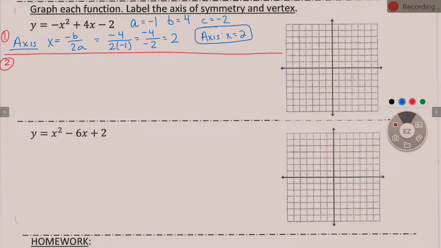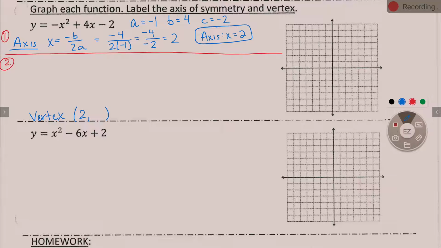So what do we know about the vertex? If this one is going to be 2. Right now, I know my vertex is 2, comma, something. How do we find the other piece?